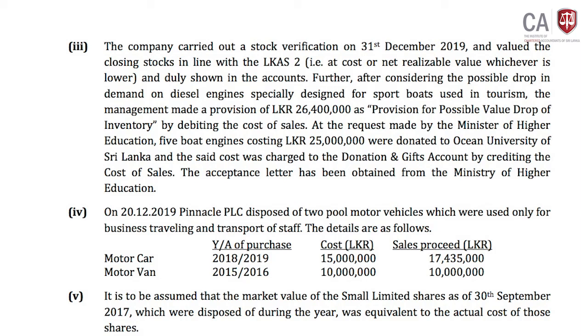Provision for possible value drop of inventory, by debiting the cost of sale. It's in your cost of sale. Can it be deductible? No, it shall not be, because it is a provision.